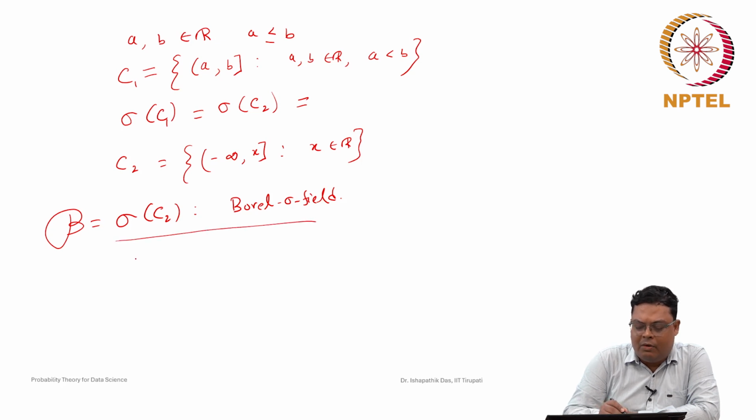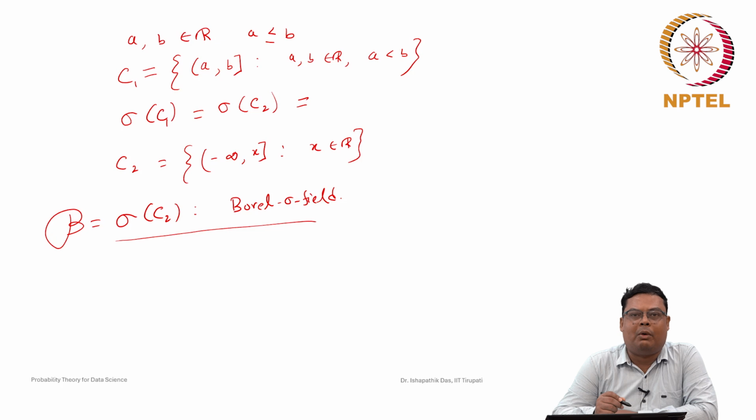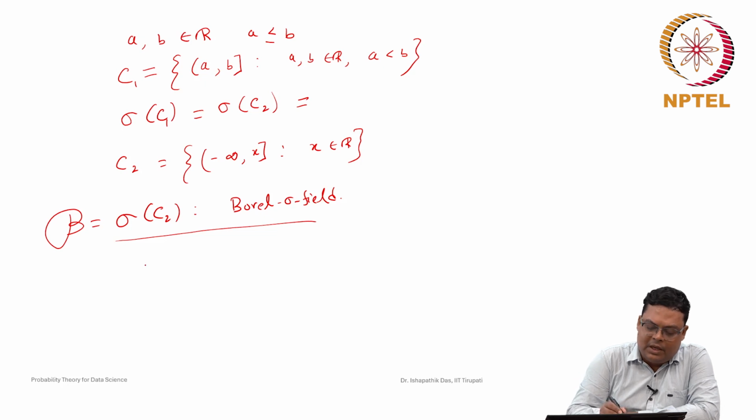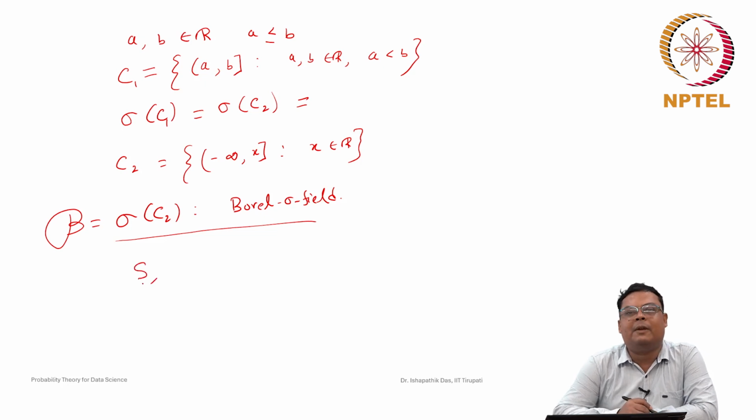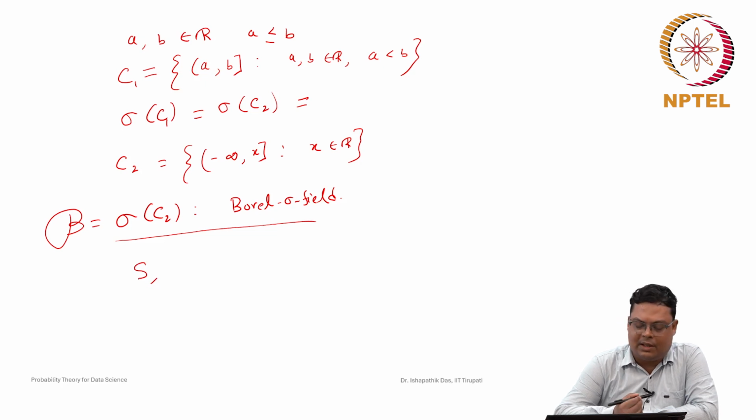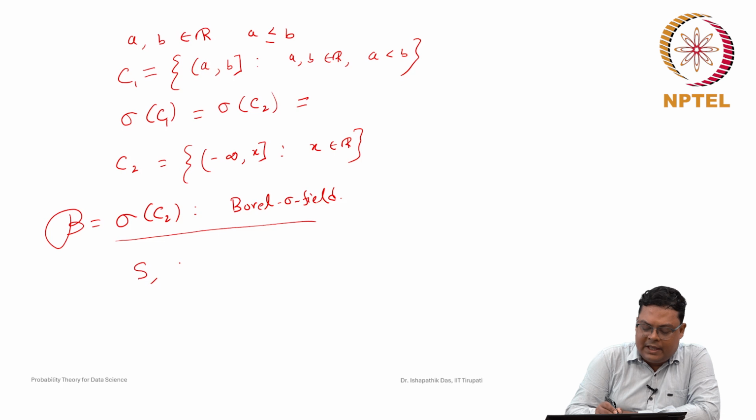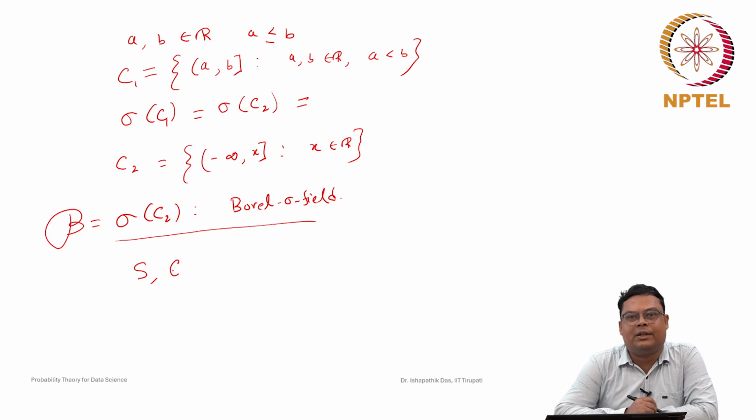Now we are going back to our concept of sample space. For a random experiment, you have a sample space. This sample space may be any abstract set; it may not be a set of real numbers or a subset of real numbers, it may be anything. Then you have a collection of subsets of S that forms a sigma field.